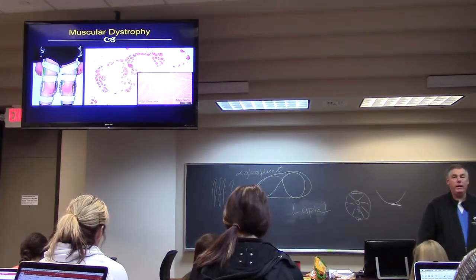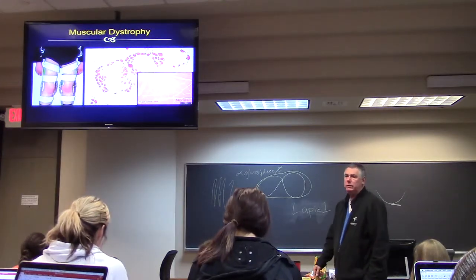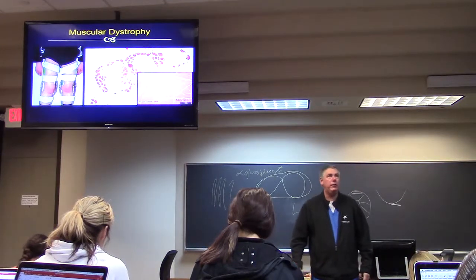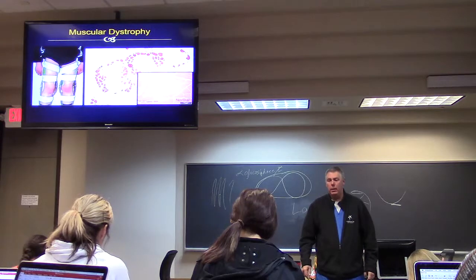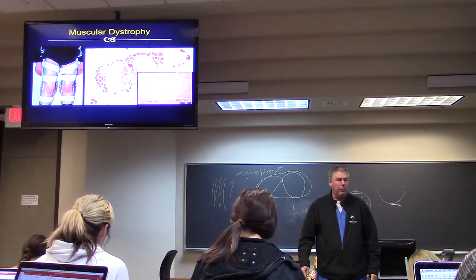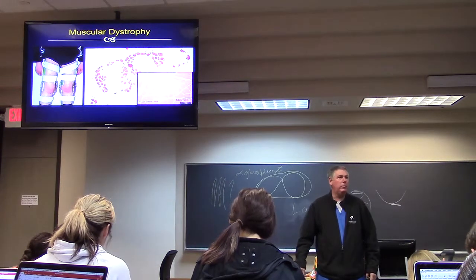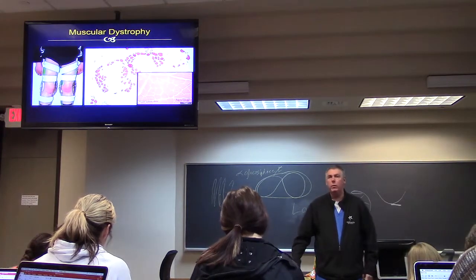Muscular dystrophy, the most common type of muscular dystrophy is called Duchenne's, D-U-C-H-E-N-N-E, Duchenne's muscular dystrophy. It is an X-linked genetic disorder passed down from the mother. Usually affects kids in their early years, begins around 1 to 2 years old.